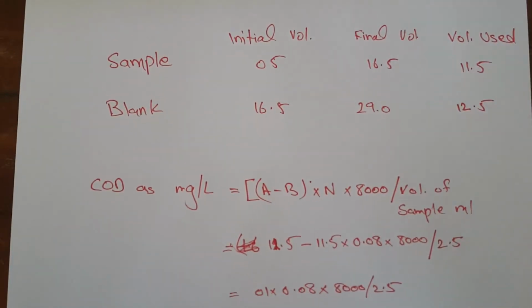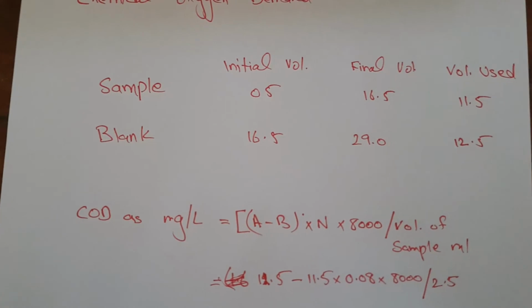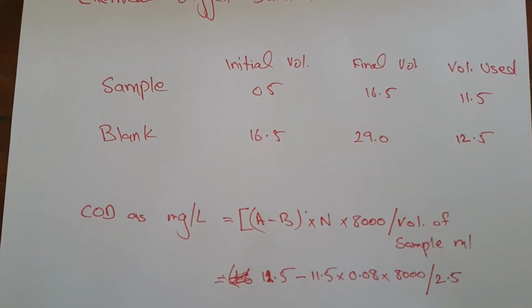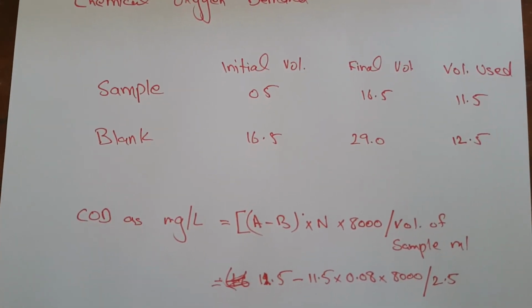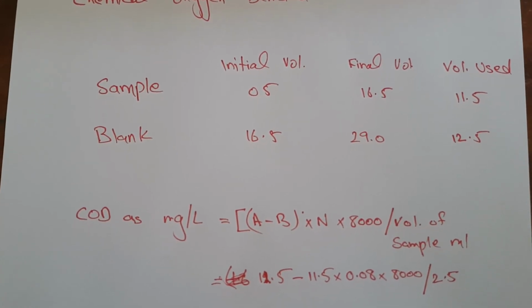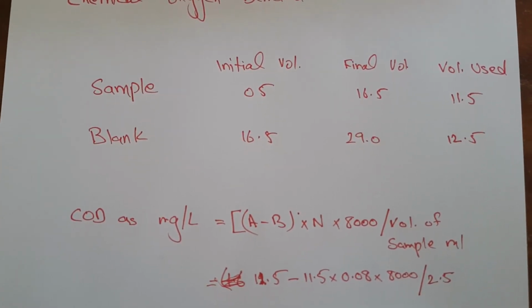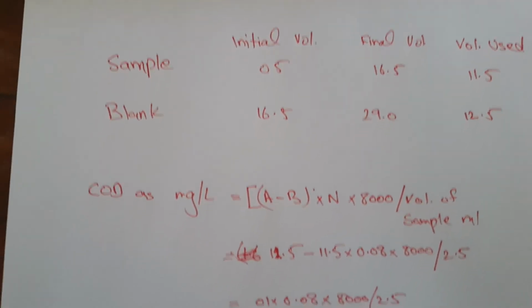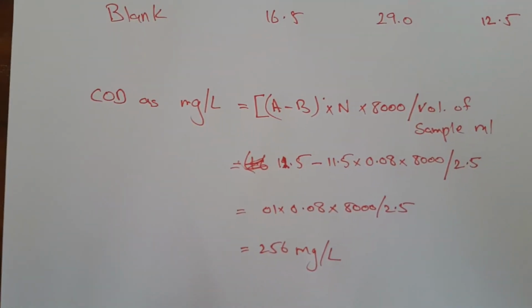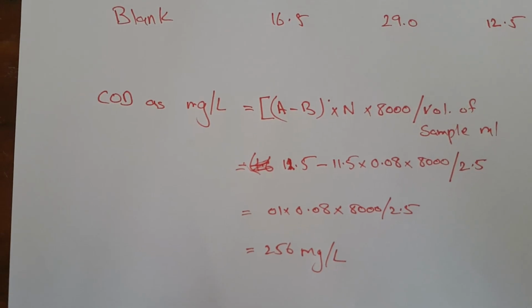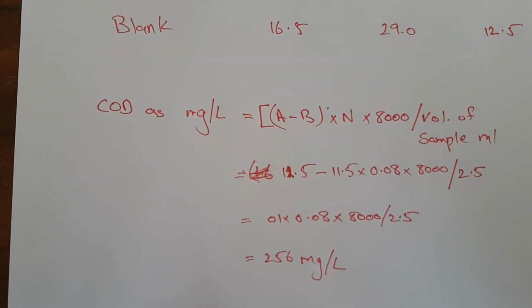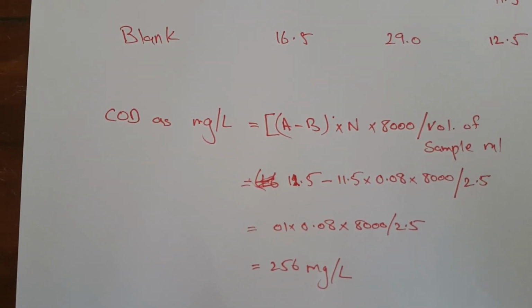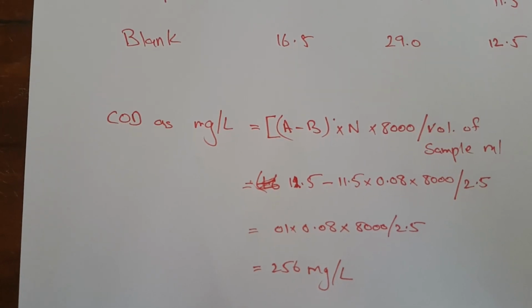When we put in the values, the volume used for the blank was 12.5, whereas the volume used in the sample was 11.5, and we multiply by 0.08, which is the standardization of FAS, and by 8000 divided by 2.5. According to our calculations we get 256 mg per liter. So this is the value of COD in mg per liter.